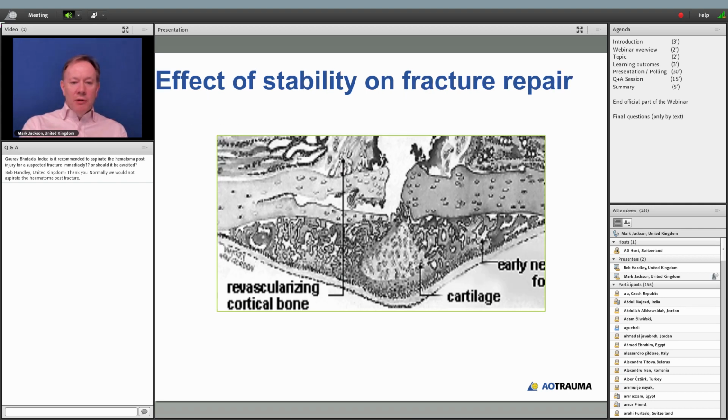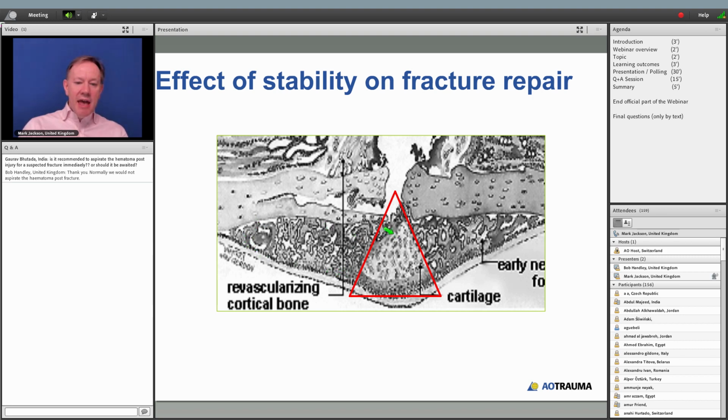We can see that that's looking at the whole limb, but looking specifically, this is a schematic of a healing fracture, and you can see that the area adjacent to the fracture there is where there is endochondral bone. So this is an endochondral ossification area. This is bone formed by direct appositional processes by osteoblasts.